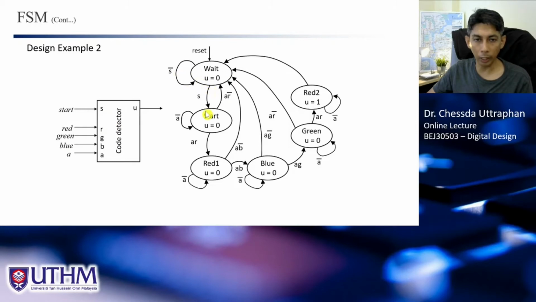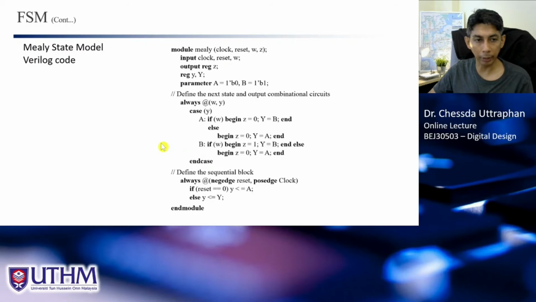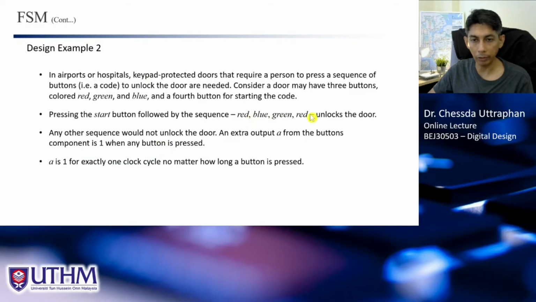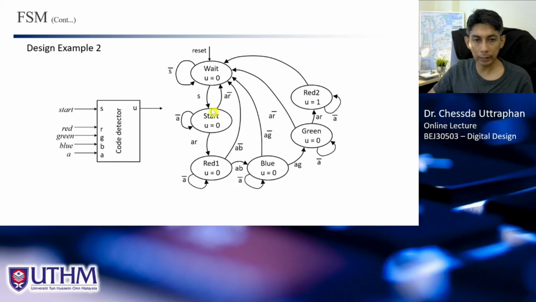If s equals 1, we go to the next state called the start state. This start state looks at one signal, which is the red button. Remember the sequence is red, blue, green, and red again. In the start state, and of course in the wait state, the door will not open yet, so u equals 0.